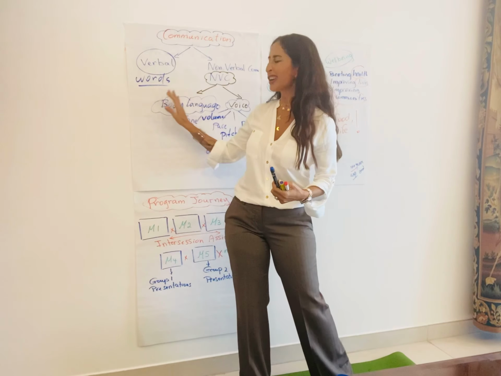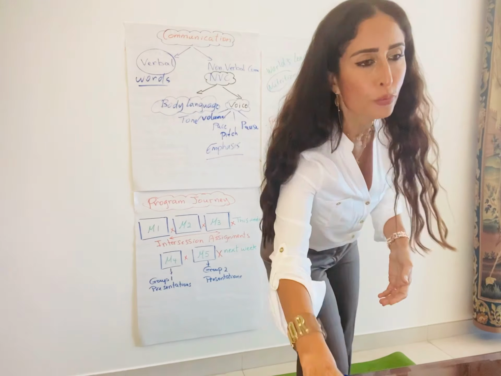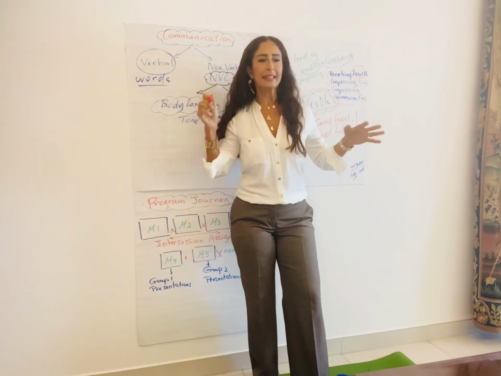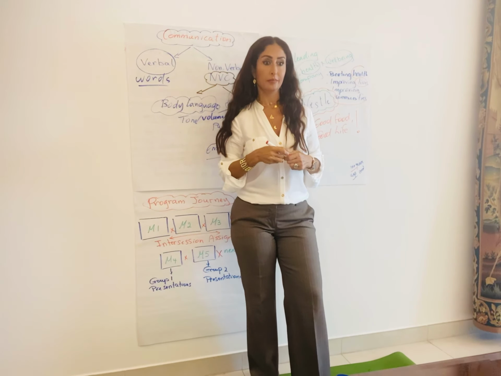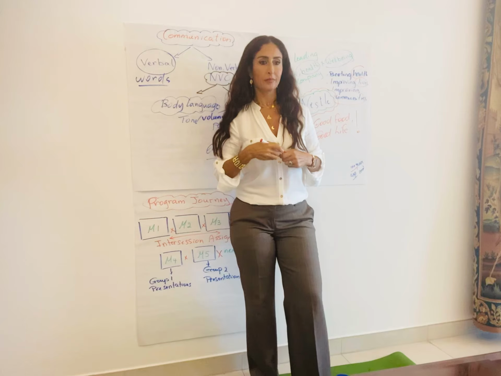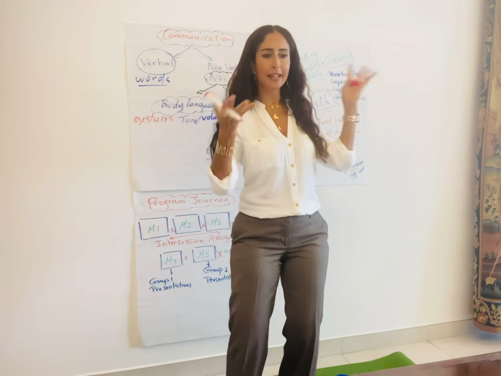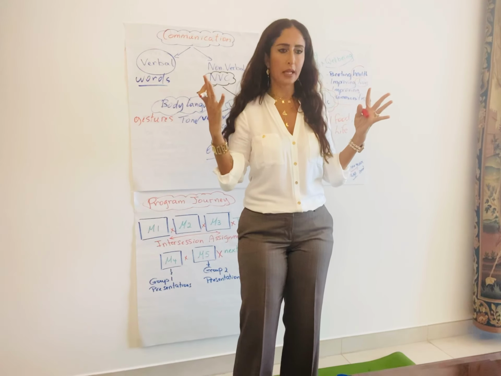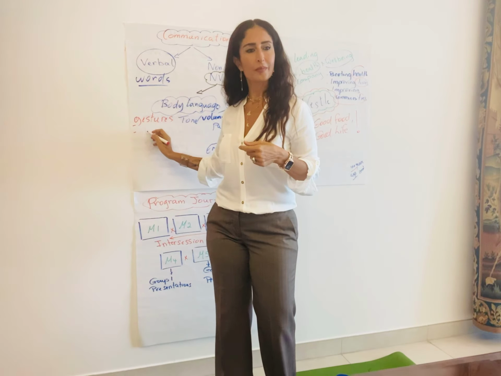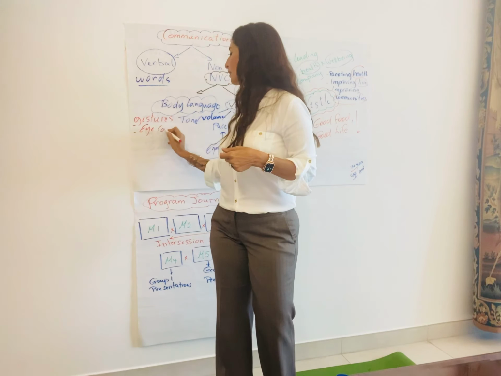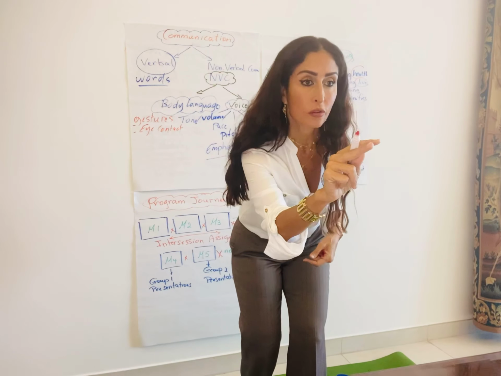Since we're here, let's talk just very quickly about body language. What are the different elements in body language? So what does it entail? Gestures. Gestures, very good. So gestures are hand gestures, how we use our hands, right? What else? Eye contact. Eye contact, excellent. So how we use the eyes to engage, yeah?